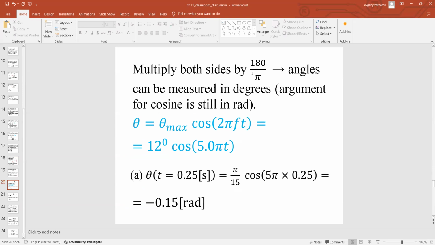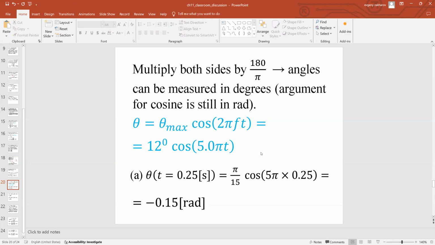Multiply both sides by 100. Oh, yeah, you have to convert to radians. I mean, yeah, if you multiply this by this, then you're going to get angles in degrees. You actually don't have to do it. I would rather leave it at radians, everywhere radians. But in here, I'm just trying to show you how you can use what's given in terms of angle as is, as 12 degrees.